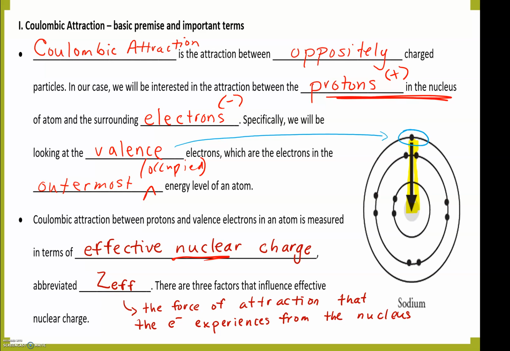So we're saying the effective nuclear charge. If you ever hear somebody say that, there are three factors that influence this effective nuclear charge, and we'll dive into that in just a second. So just to be clear, the effective nuclear charge is the force of attraction the electron experiences from the nucleus.